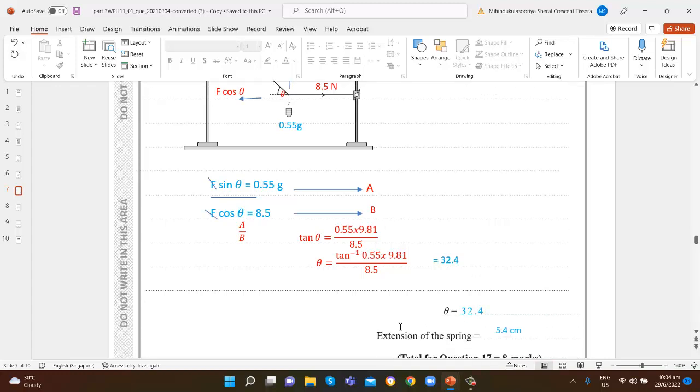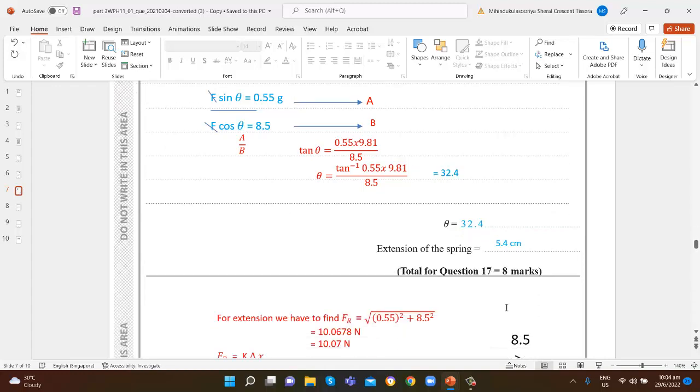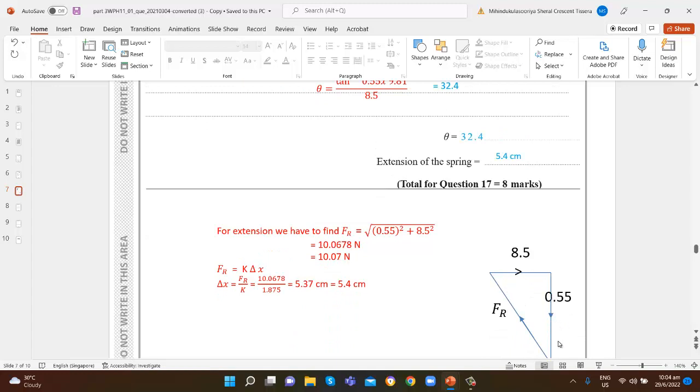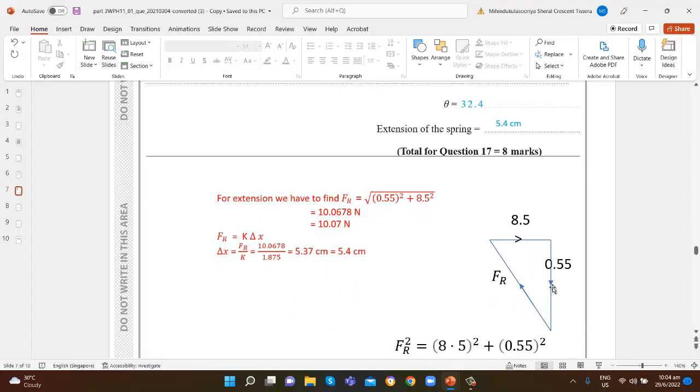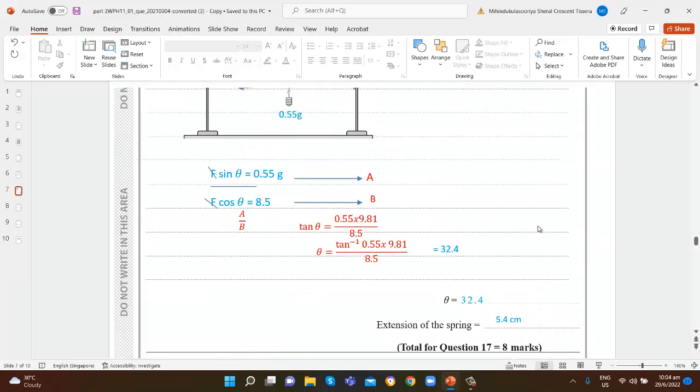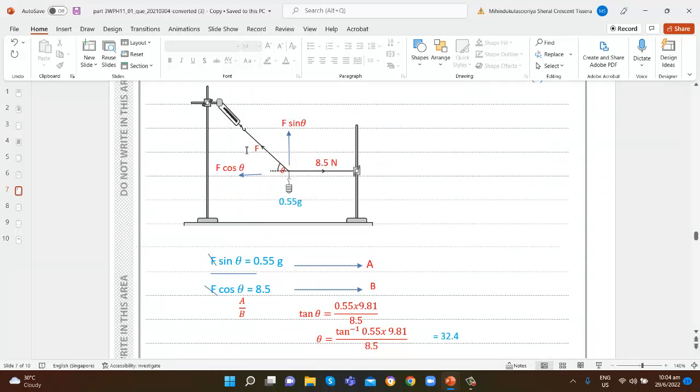But again they are asking for the extension of the spring. How to calculate that? I have done it for you. Now see, you draw this vector triangle. Here 8.5, here 0.55 and FR. So this is the vector triangle. 8.5 from there head to tail, right?